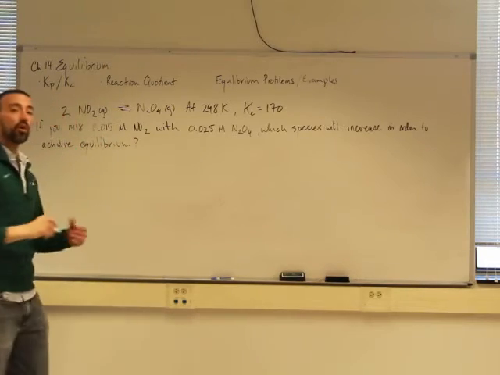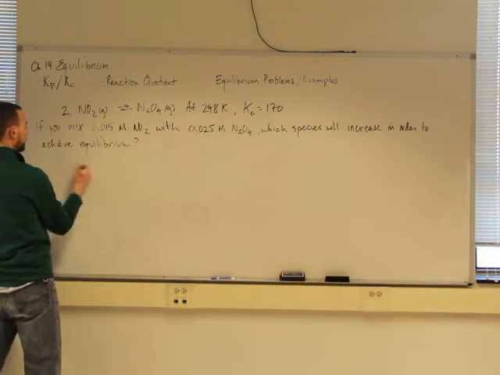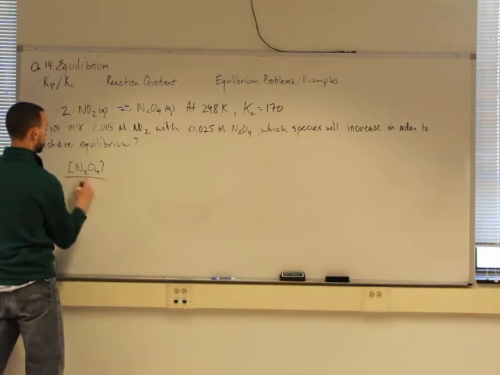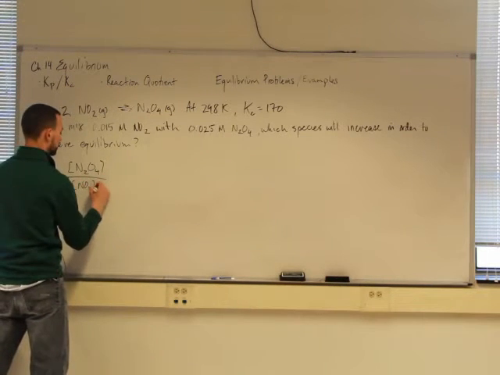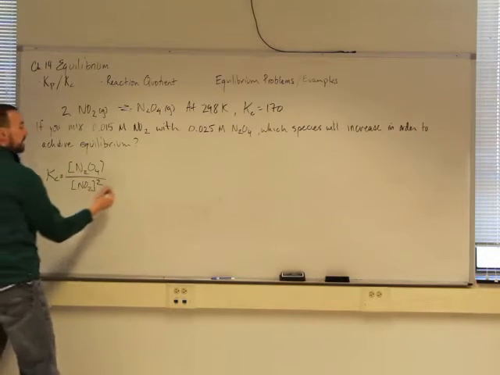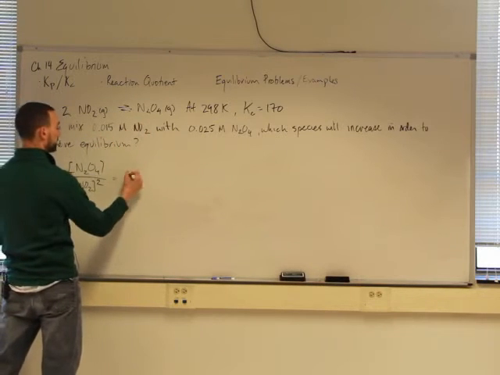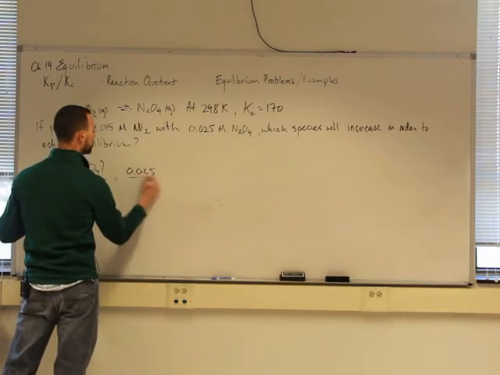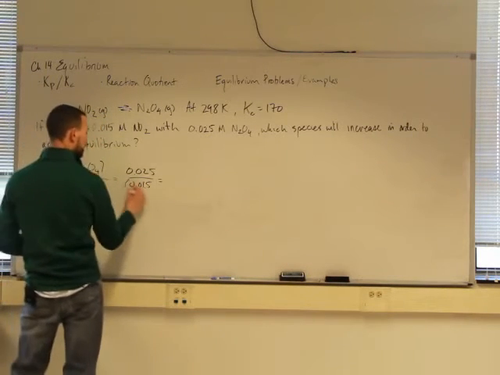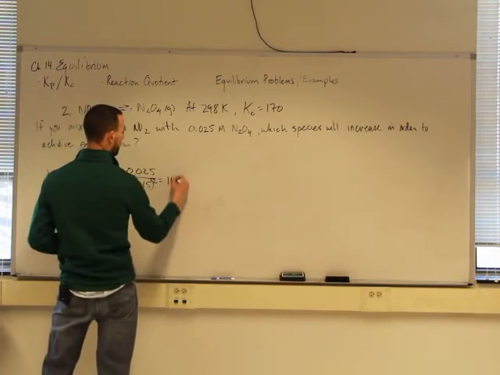Now I know I'm not at the equilibrium constant because the equilibrium constant for this would be N2O4 concentration divided by NO2 concentration squared. If I try to calculate this number from these concentrations that I'm given right now, 0.025 divided by 0.015, which needs to be squared, this equals just 110.